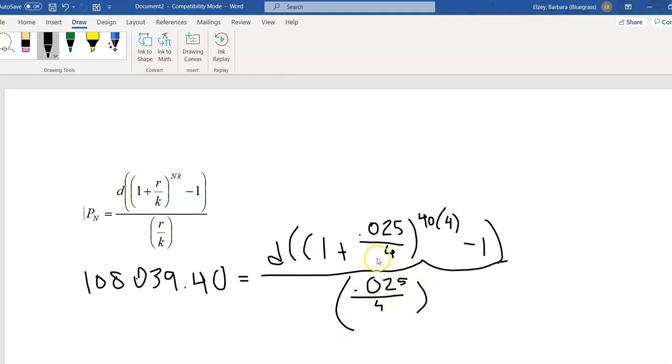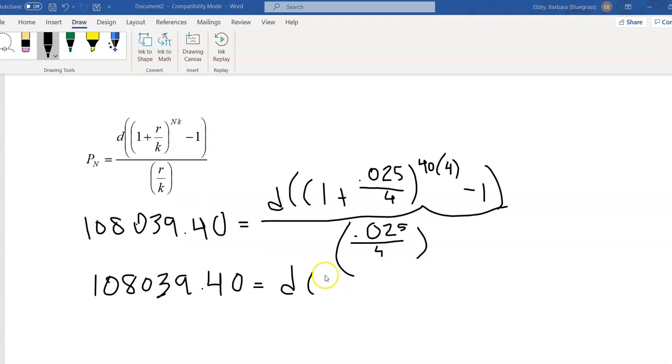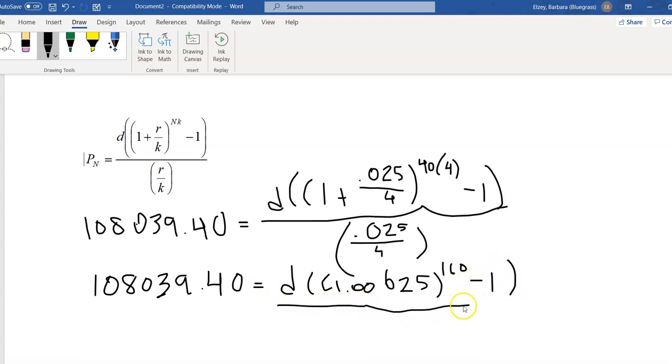All right, so let's work out the 1 plus 0.025 divided by 4. That is going to give me 1.00625. And we'll go ahead and multiply the 4 times the 40 to get 160. And then on the bottom, I'll have just the 0.00625.